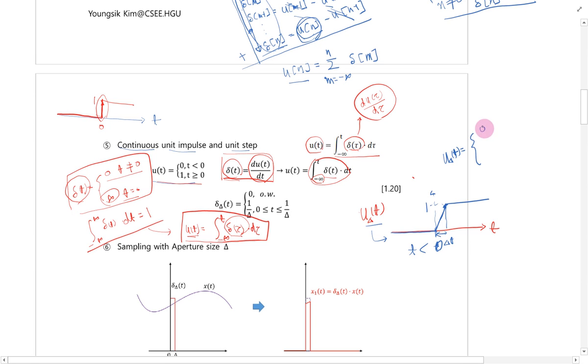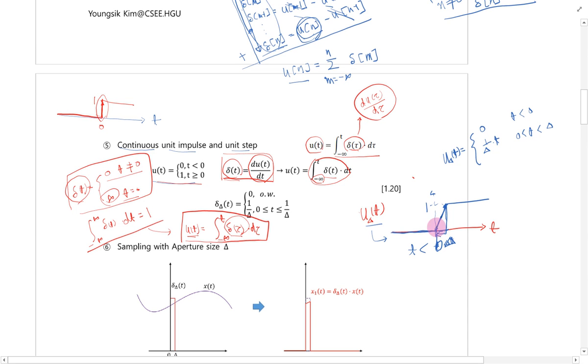If t is less than 0, this is 0. And if t is greater than 0 and less than delta, in between here, so t equals 0 to delta, then the slope is 1 over delta.